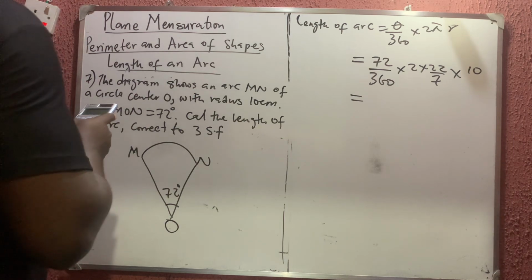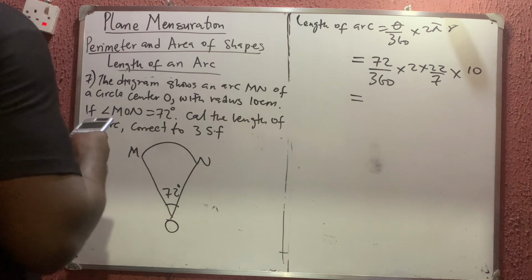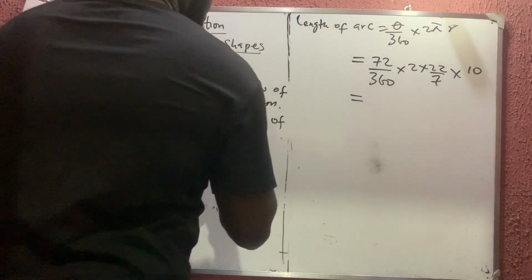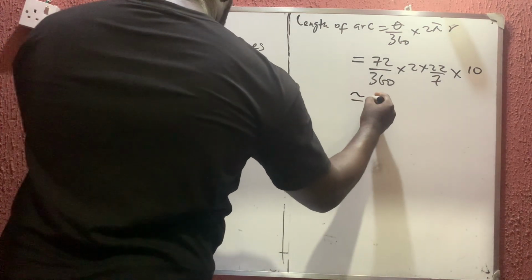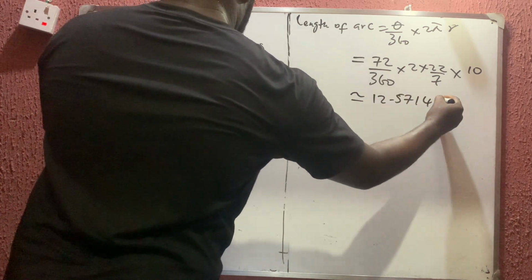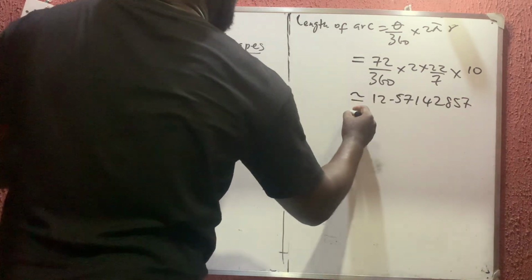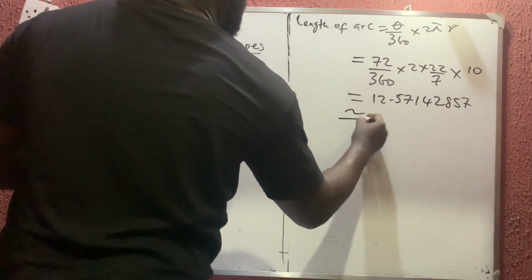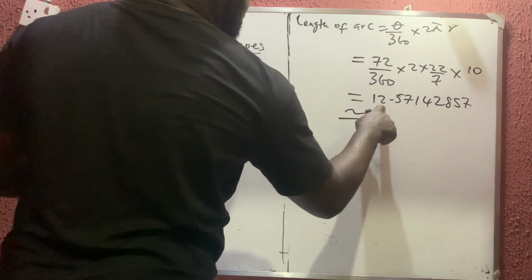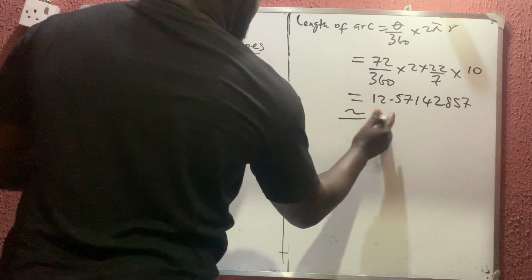So 72 times 2 times 22 times 10 divided by 2520. First of all, it is 12.57142857. To 2 significant figures, that is 12, but this is up to 5, so you call it 13.